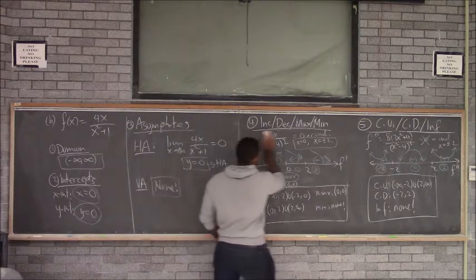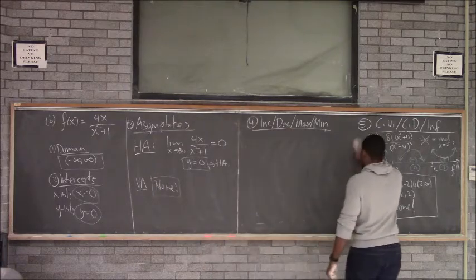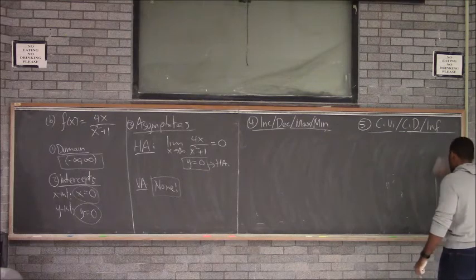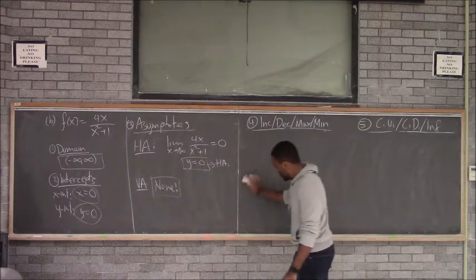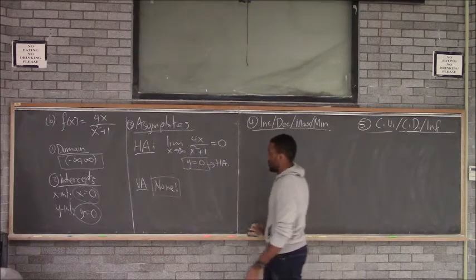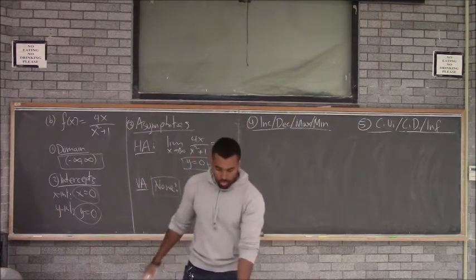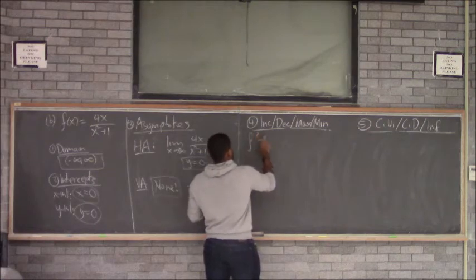Next thing you're going to do, increasing, decreasing, max, min. You can leave this template up here. So, what do I need for the increasing and decreasing? Well, the first derivative, of course. So we're going to do f prime.